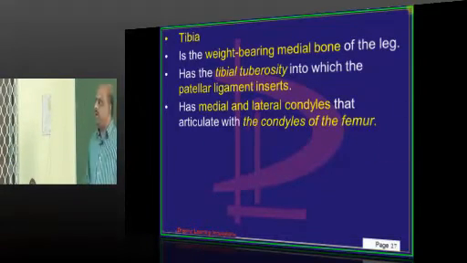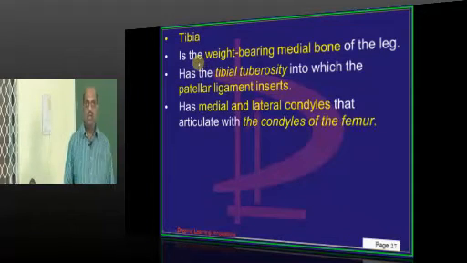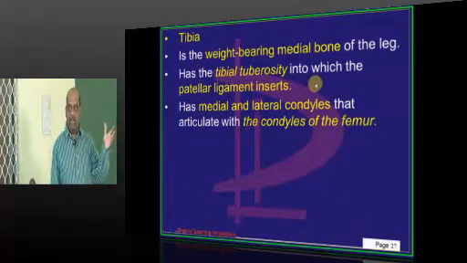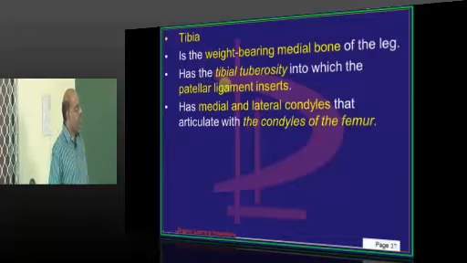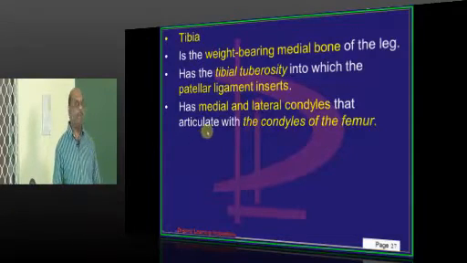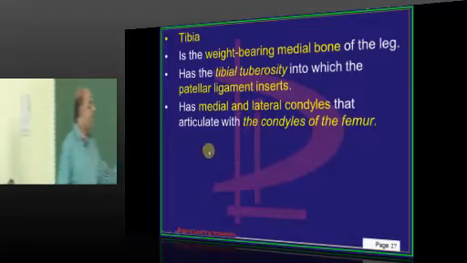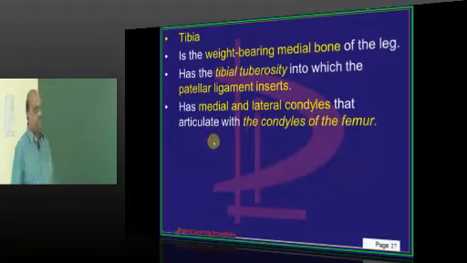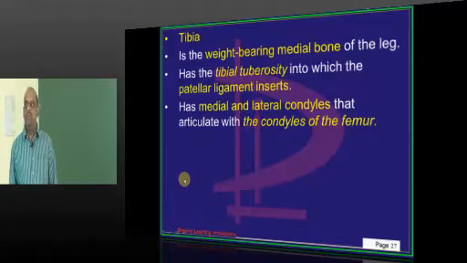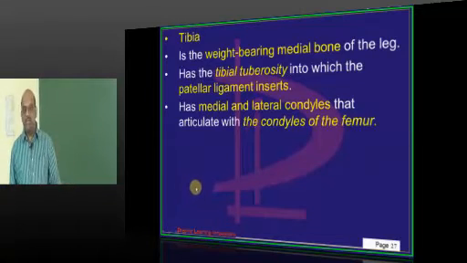Then what do you want to remember about the tibia? The tibia is that weight bearing medial bone, as all of you know. It has one tibial tuberosity on which the patellar ligament inserts. The tibia also has medial and lateral condyles which articulate with the respective medial and lateral condyles of the femur.